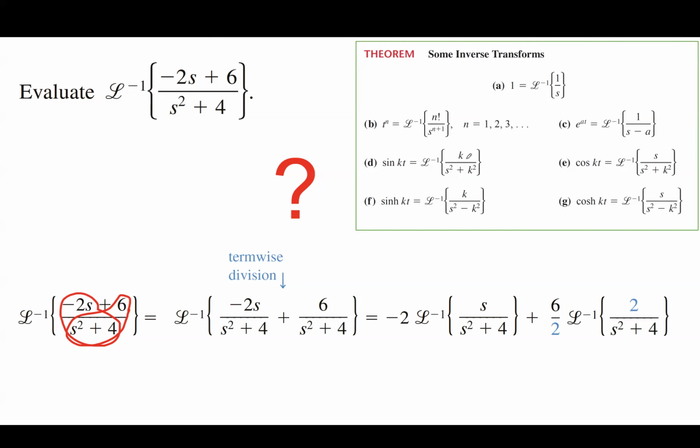On the numerator, you have to have k. Square root of 4 is 2. But in order to have 2 on the numerator, we have to divide by 2 as well. Using linearity and fixing up the constant, we can see that the very first inverse Laplace is negative 2 times cosine of 2t. And the second is 3 sine of 2t.